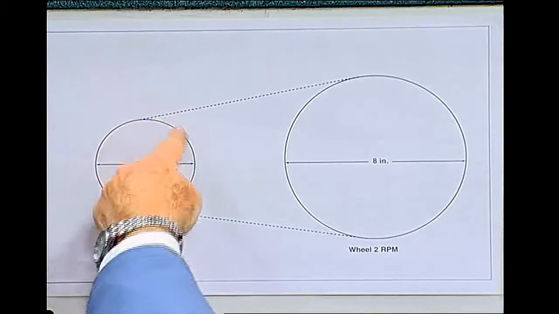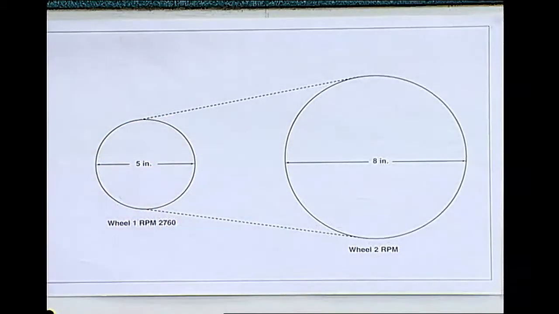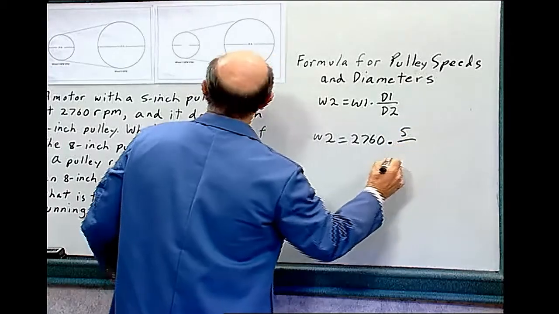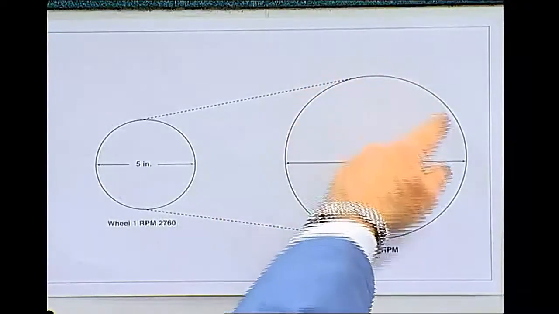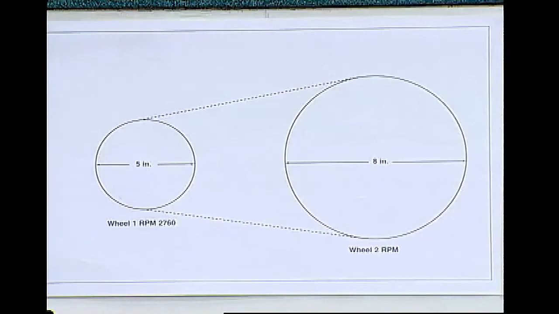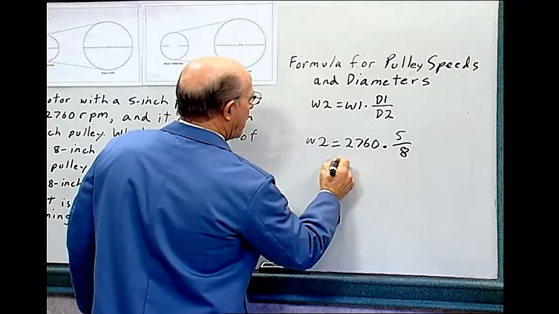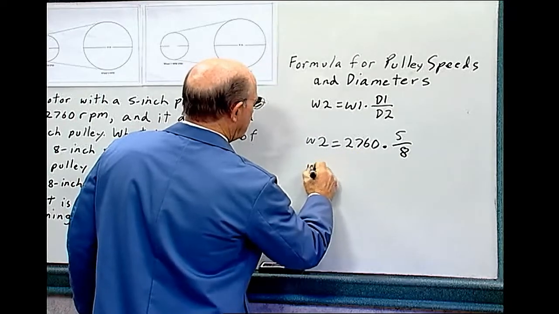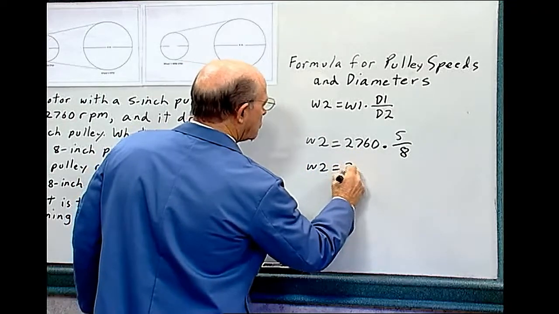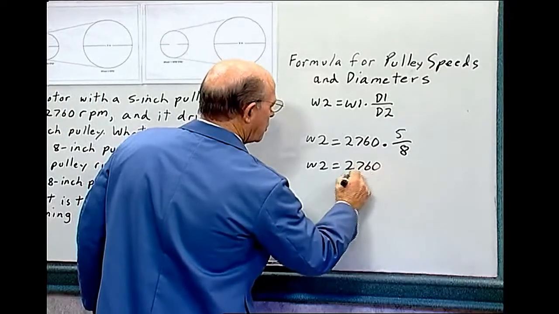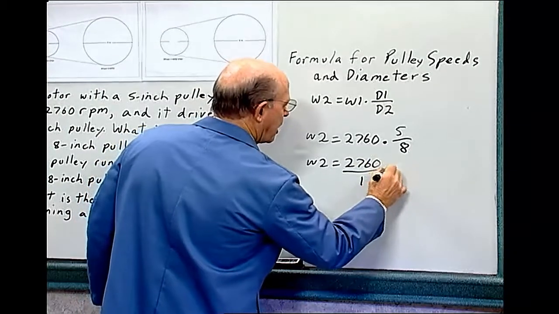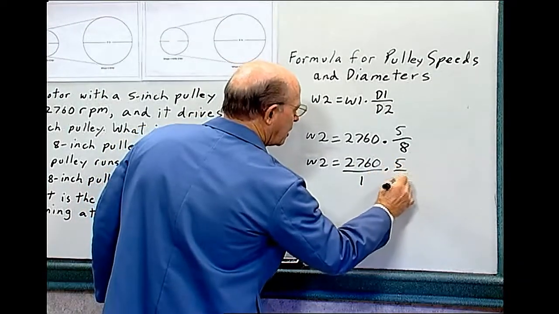Diameter 1 is 5 inches, by diameter 2. That's 8 inches. So the problem becomes then W2 equals 2760 over 1 multiplied by 5 over 8.